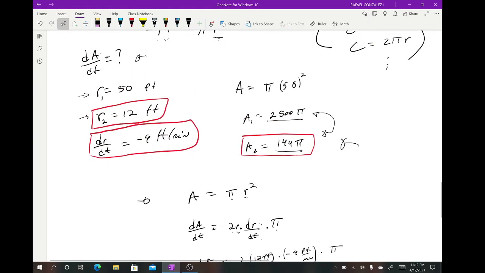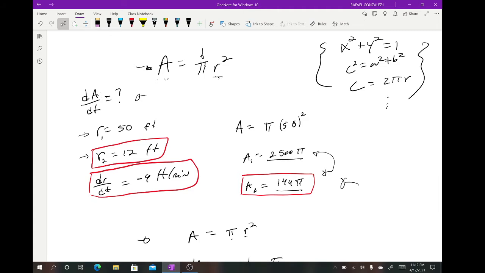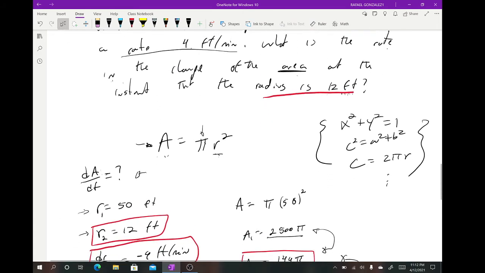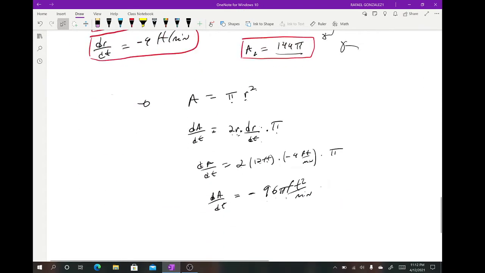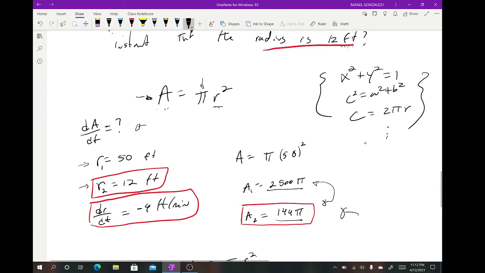All right, so you will have a problem much like this one on the exam. You will be asked to find the rate of change of a particular object. Another one that's very popular, let me actually write it: the area of a rectangle. It's another popular one that you may see.